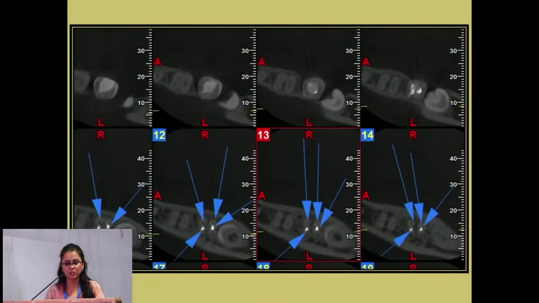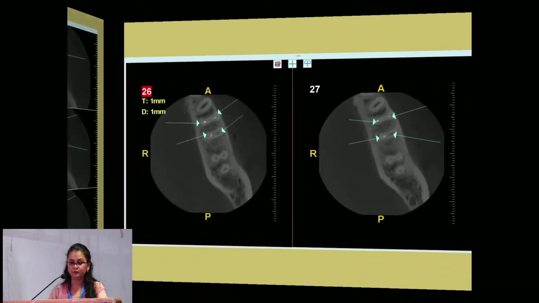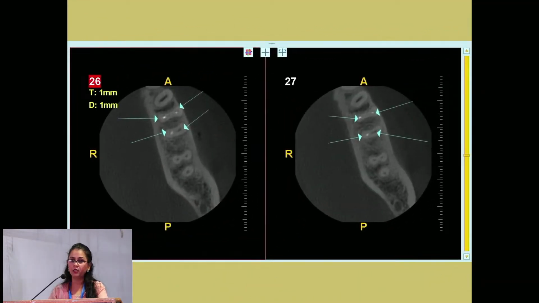So this is how I show. There are many cases which I can actually show, even if I have seen 12 canals. In all these sections, you are supposed to see the canals at all the levels. You have to start from the coronal aspect, the mid-radicular, and the apical aspect. You have to see the patency of the canal at the coronal, the middle, and the apical aspect.